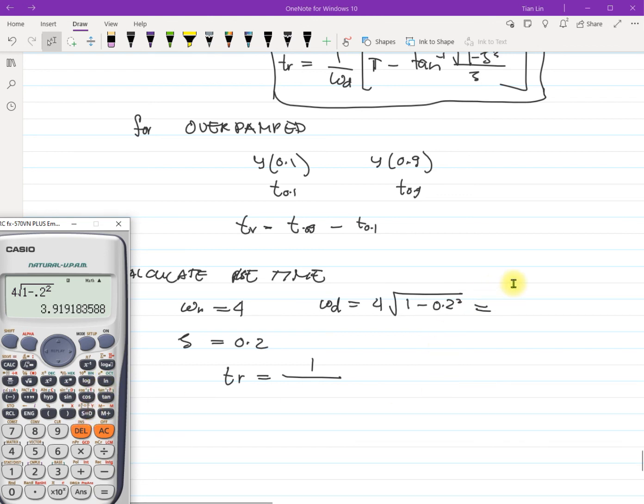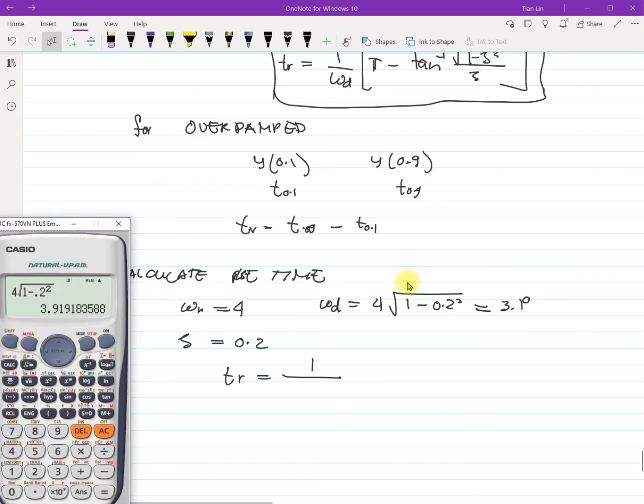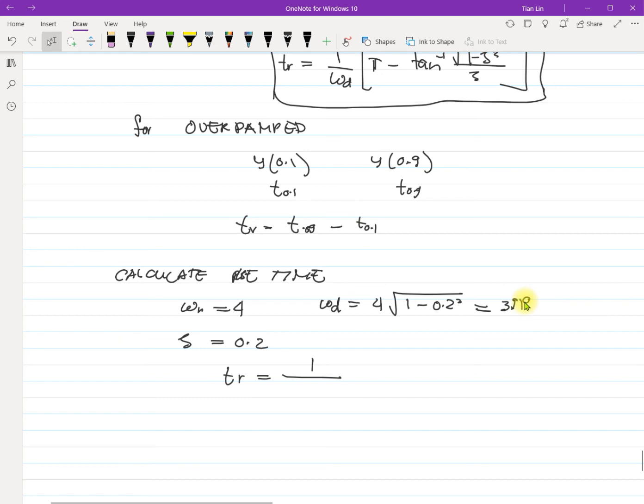So omega d will be 3.919. So 1 over 3.919 multiplied by pi minus tangent inverse of the square root of 1 minus 0.2 squared, all over 0.2.